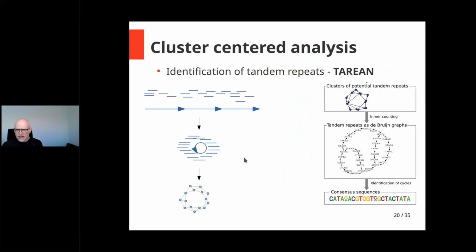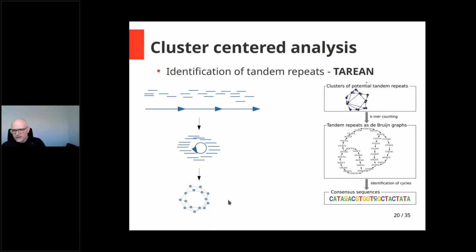And then we have a part which is called TAREAN. This is tandem repeat annotation. Tandemly organized sequences create graphs with some specific properties. Namely, you can see this kind of circularity.